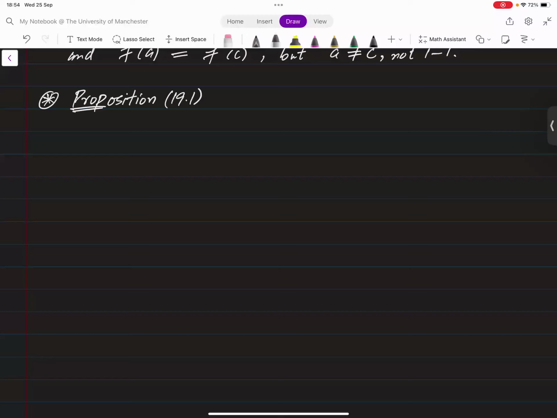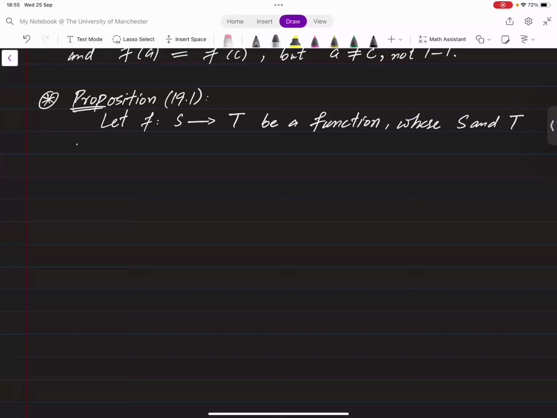Proposition 19.1 says that let f be a function from S to T, where S and T are finite sets.